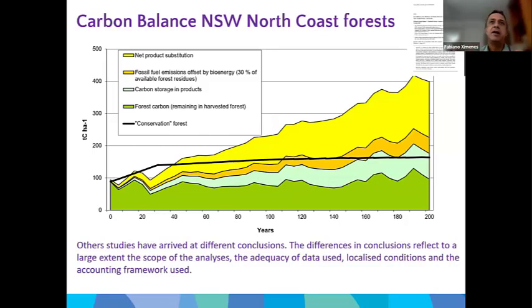So it obviously depends highly on the forest type, market conditions and a number of different things. But it's important to acknowledge that if you're looking at the carbon balance of different forest systems, you really need to look at the whole life cycle, not just the forest boundary, not just the storage, but look at substitution elements as well. When you look at all of those, production forests can be quite beneficial from a climate perspective.